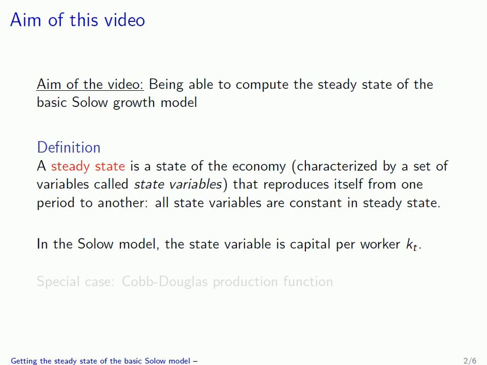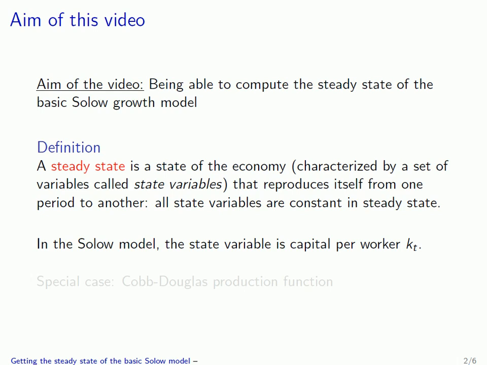The steady state is a state of the economy which is permanent. It's a state of the economy that reproduces itself identically from one period to the next. All the different state variables will be constant in the steady state.